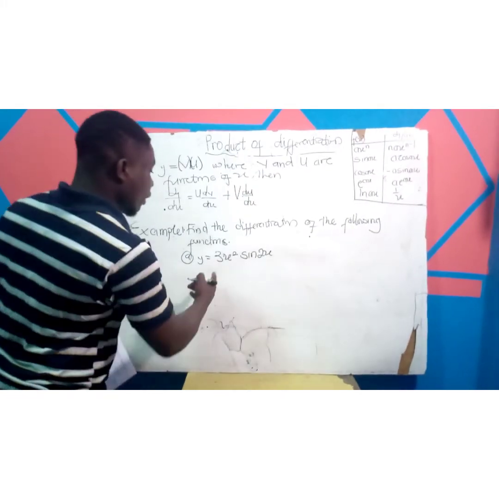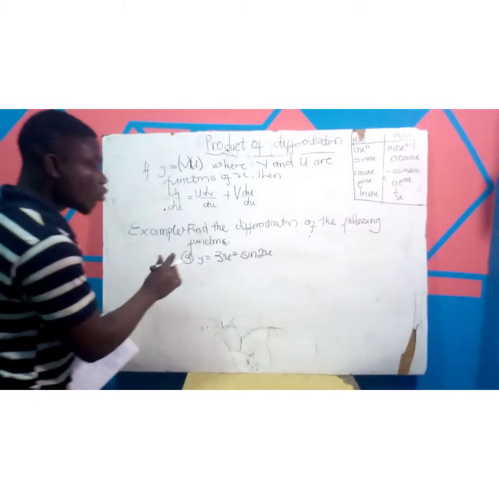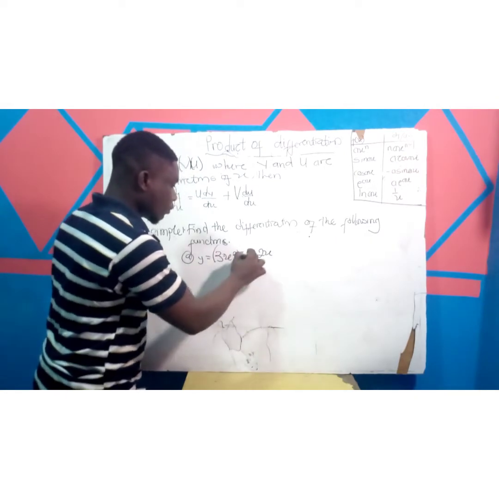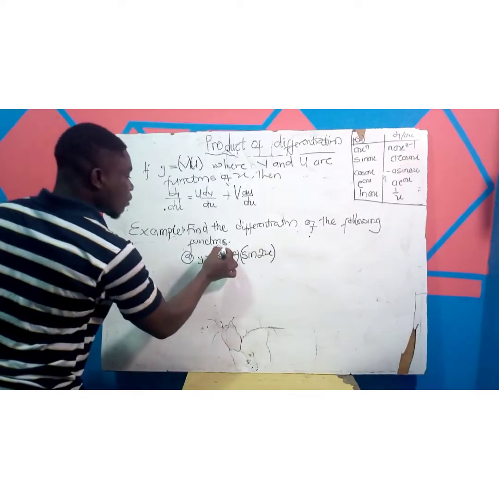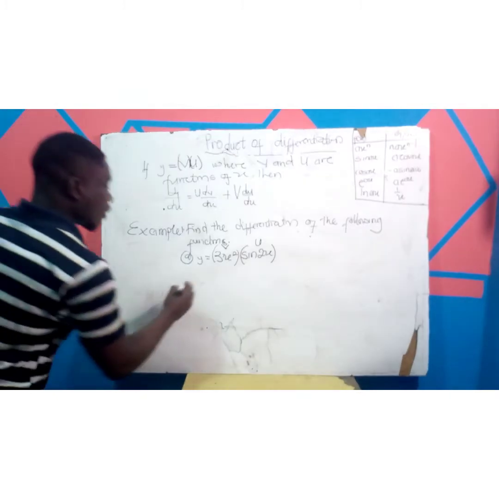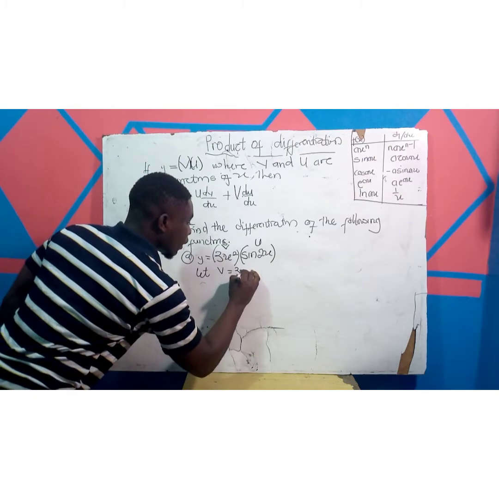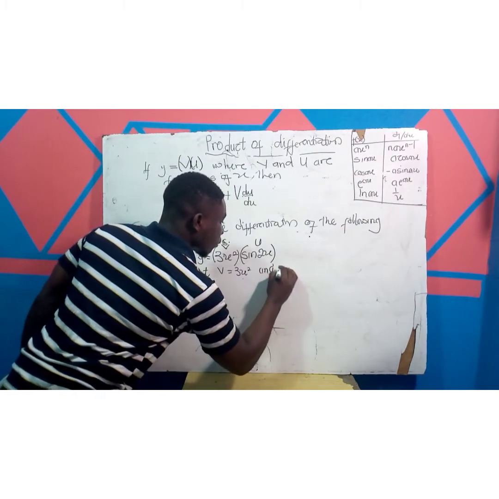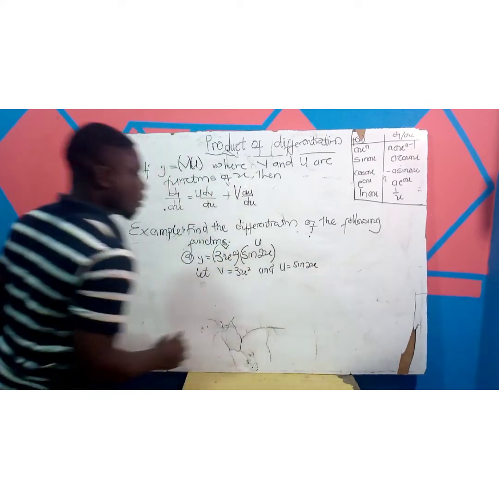In this form, what you can see is two functions multiplying themselves. This function is one, another function is this. Good. Now we can make this v and this u. So you say let v equal to 3x squared and u equal to sin 2x.